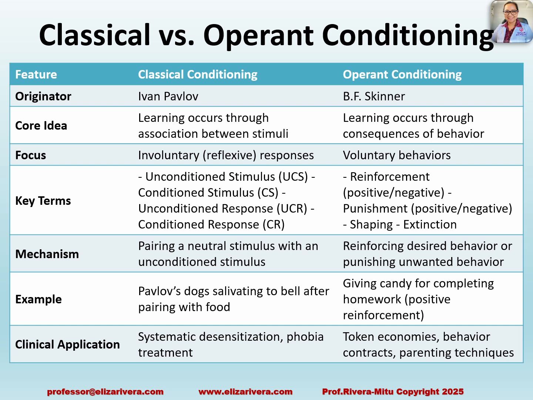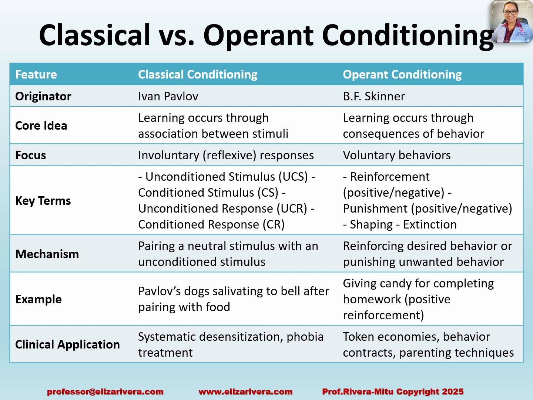This involves involuntary, automatic responses. Key in the development and treatment of phobias, anxiety disorders, and conditioned emotional responses. An example in therapy is systematic desensitization, which gradually pairs relaxation with fear-provoking stimuli.